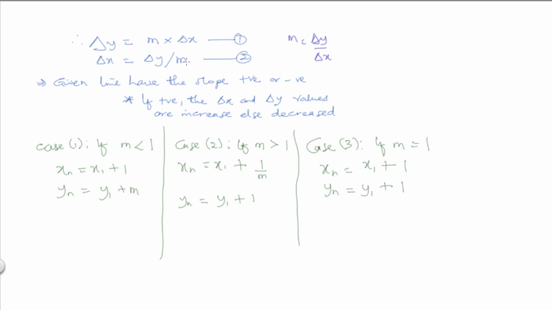Now, with a given line, the slope can be of any form in terms of it being positive or negative. Now, what does it mean to have a slope being positive or negative? So when we have m greater than 0, of course, then it means the slope, which is the gradient, is positive. When we have m less than 0, it means the slope is negative.